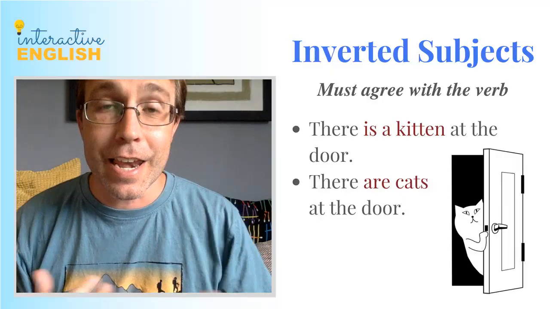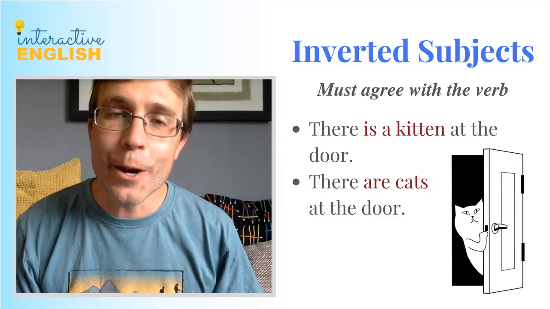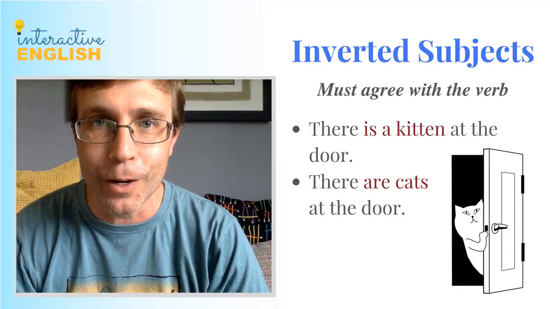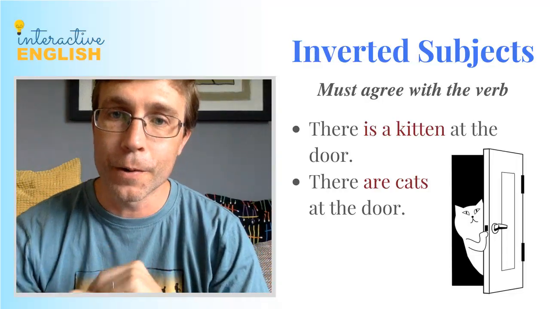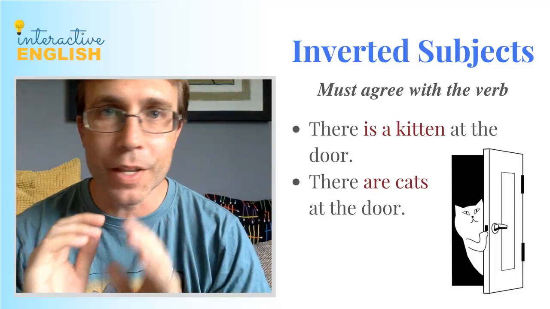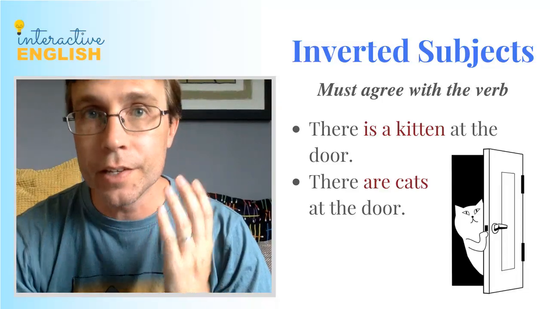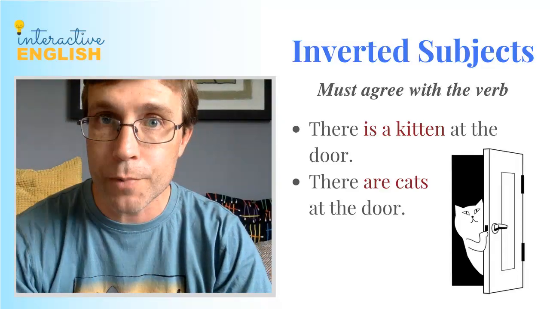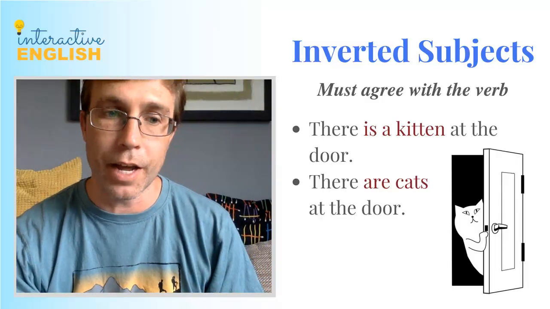Now, if there's more than one, I could say, there are cats at the door. Cats, plural, so we use the plural verb are, okay? So in this case, nothing changes. You just need to be aware that singular subjects go with singular verbs, plural subjects go with plural verbs.